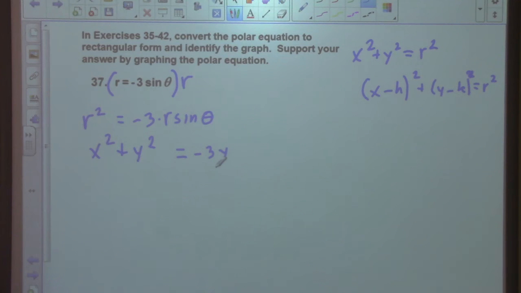So if we add 3y, we get x squared plus y squared plus 3y is equal to 0.